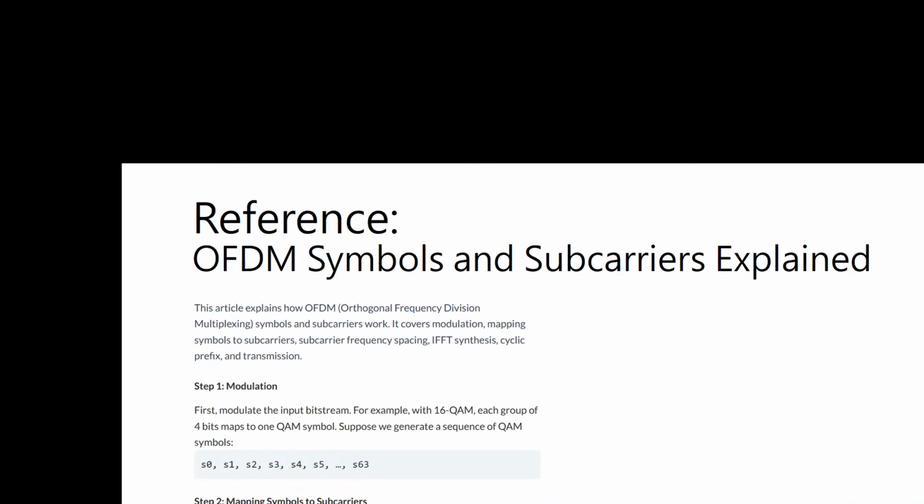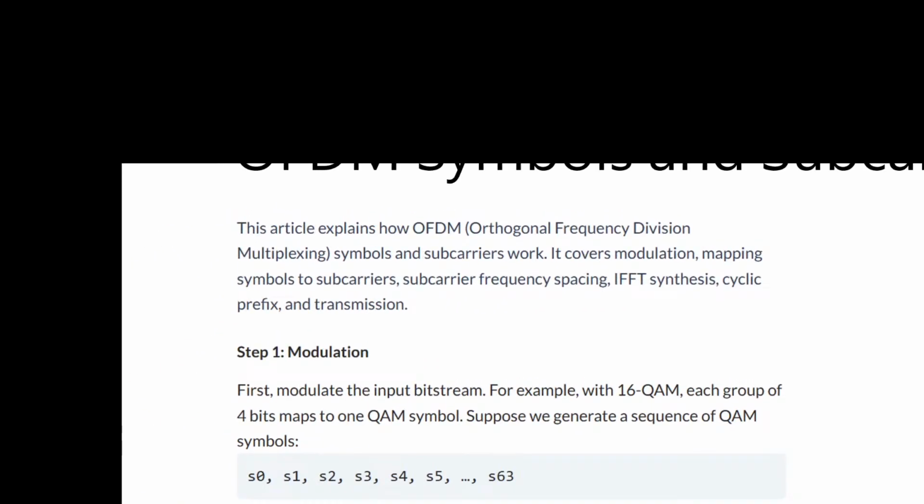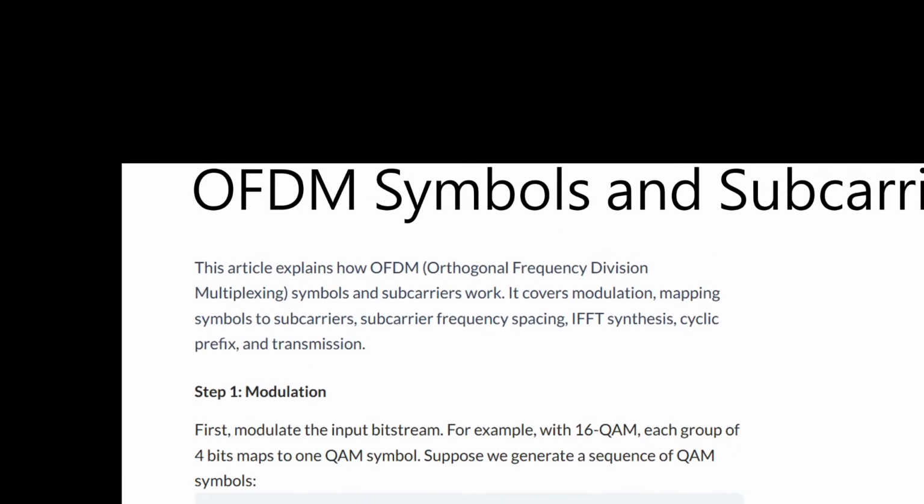Here is some reference I found on the internet. This example was done last year, and I think it's a good reference. This article explains how OFDM, orthogonal frequency division multiplexing, symbols and carriers work.